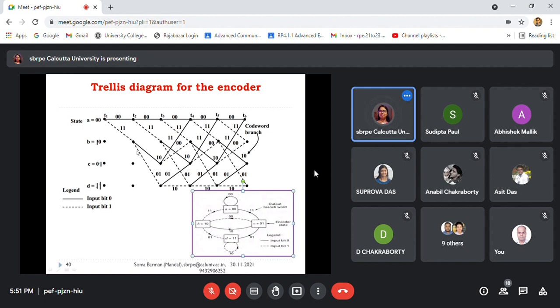So comparing the B to D and B to C paths, obviously the B to C path is higher than the B to D. This is for the 0 bit transition, and this is the 1 bit transition. Similarly for D, one path goes to C, another path remains in the D state. The lower path is for the 1-bit transition, and the upper path is for the other bit.